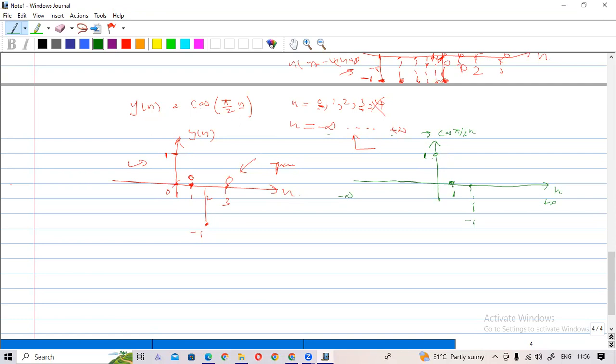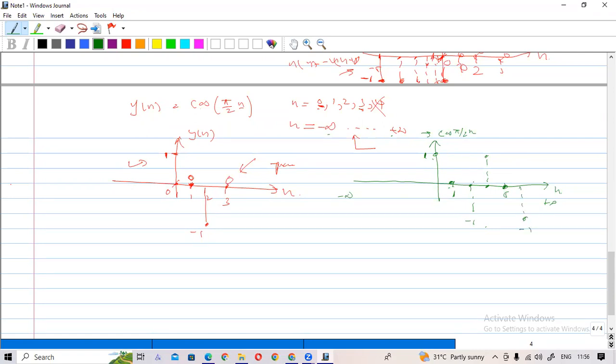Okay, cos 0 is 1, cos 5π/2 is 0, cos 5π is minus 1, again cos 3·5π/2, again you will have 0. Then cos 4·5π/2, that means 2·5π, is 1 again. And 5·5π/2, so it will be 0 again. 6·5π/2, it will be minus 1 again.